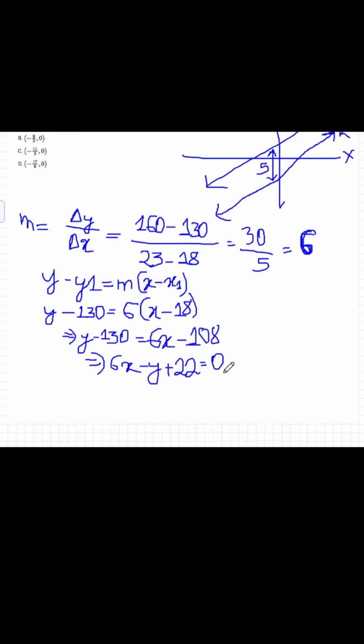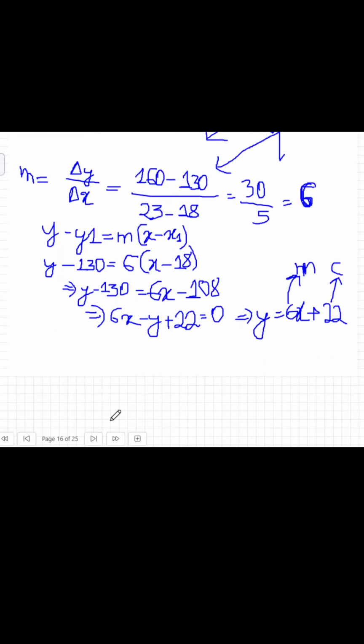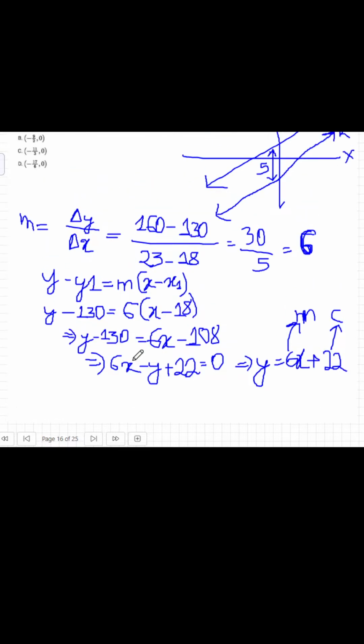We can first write this into the slope-intercept form, which will be y is equal to 6x plus 22, where 6 is the slope m, and 22 is the y-intercept, which is c. So we can now write the equation for line K.